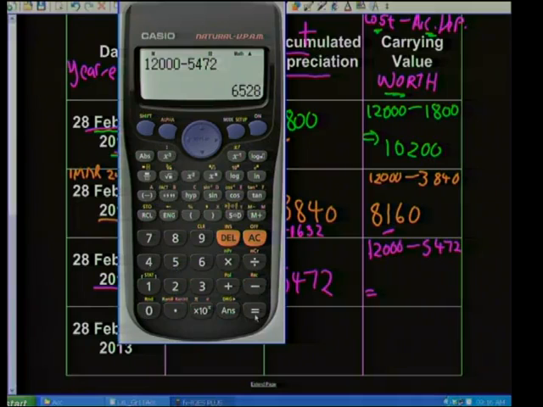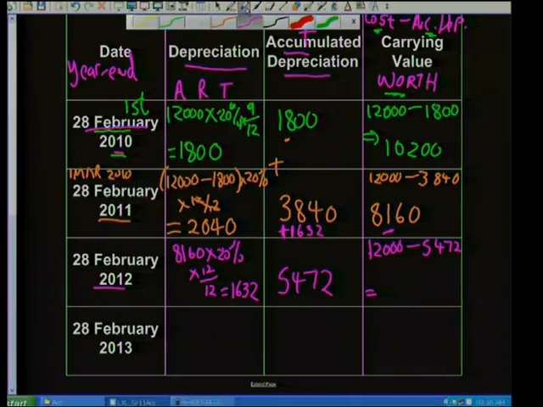So the laptop is now worth, or the carrying value is now 6,528. So let's write that down. 6,528.